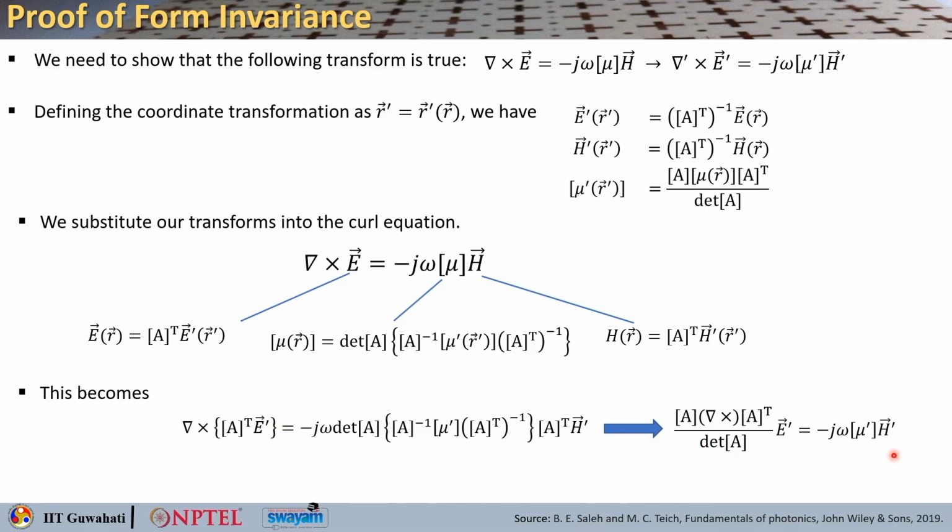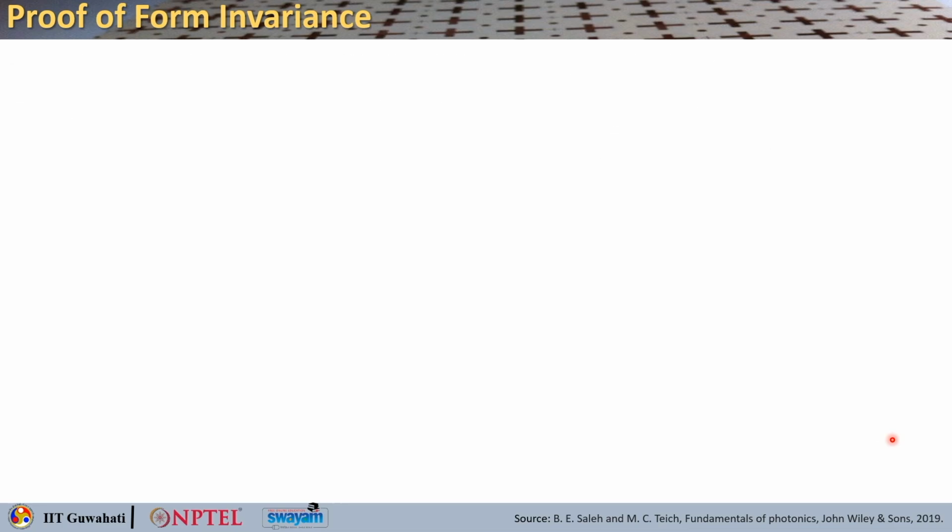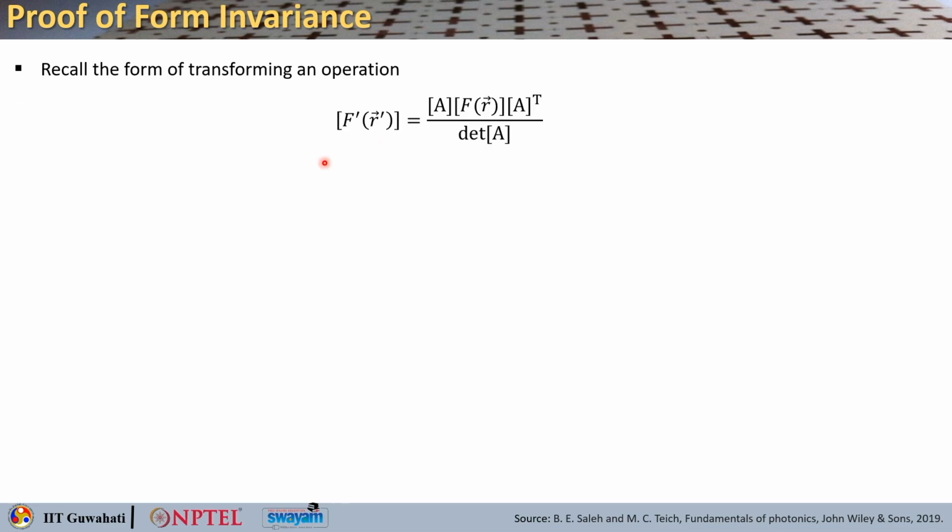So, you get A multiplied by the curl operator A transpose divided by determinant of A times E prime, which is equivalent to minus j omega mu prime H prime.